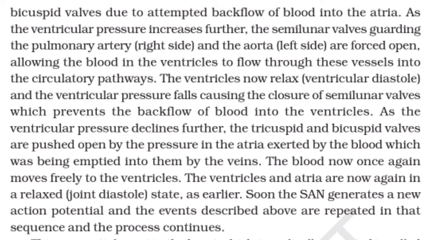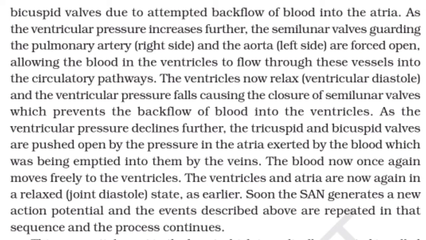As the ventricular pressure declines further, the tricuspid and bicuspid valves are pushed open by the pressure in the atria exerted by the blood which was being emptied into them by the veins. The blood now once again moves freely to the ventricles. The ventricles and atria are now again in the relaxed (joint diastole) state as earlier.